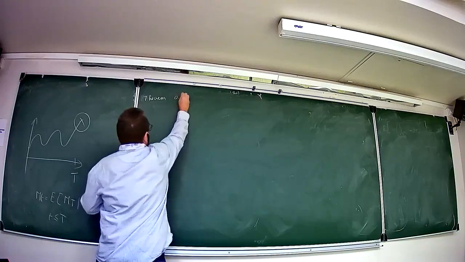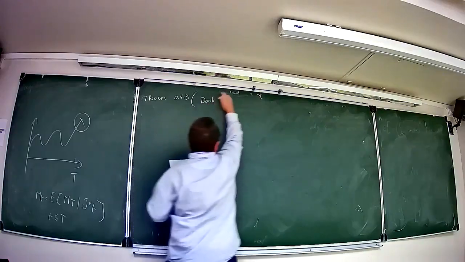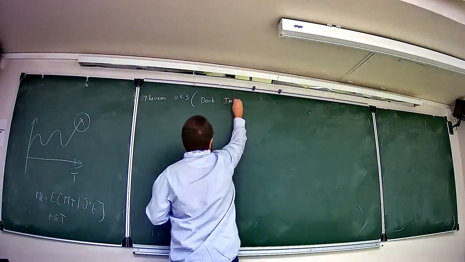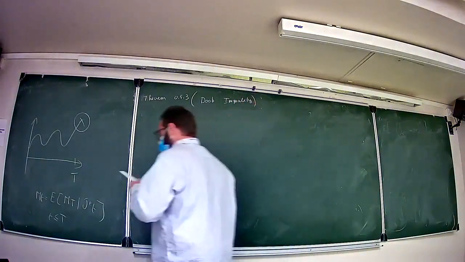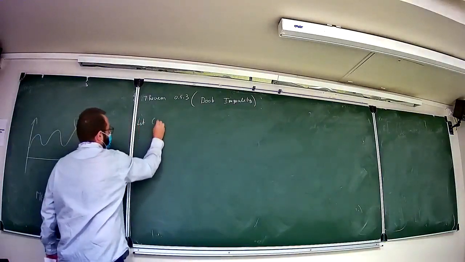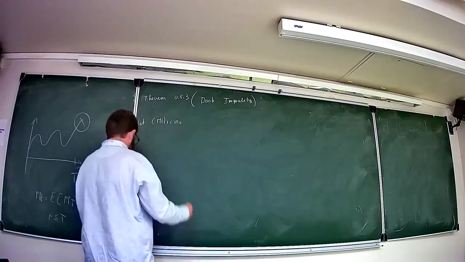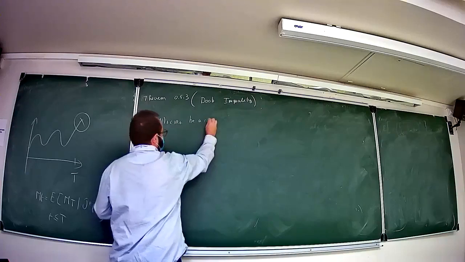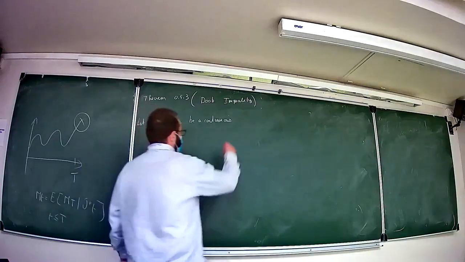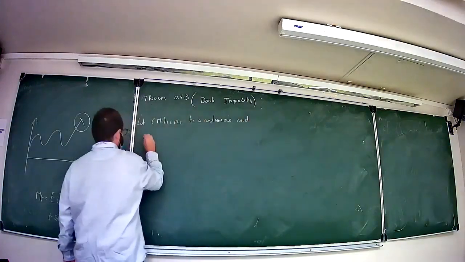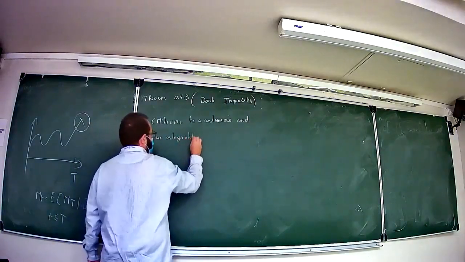Theorem 0.5.3, the Doob inequality. Let M_t be a continuous, important, so with continuous trajectories, and square integrable martingale.